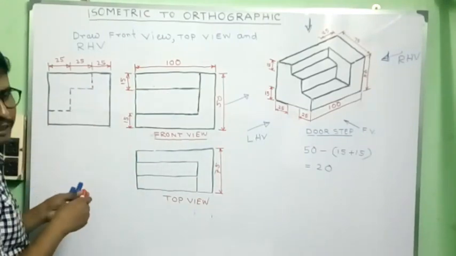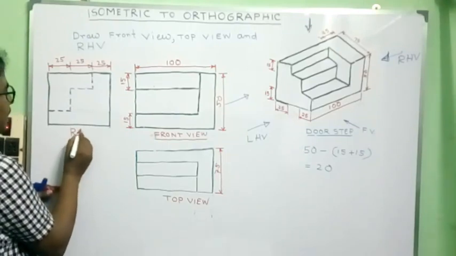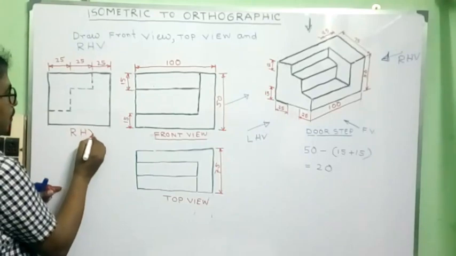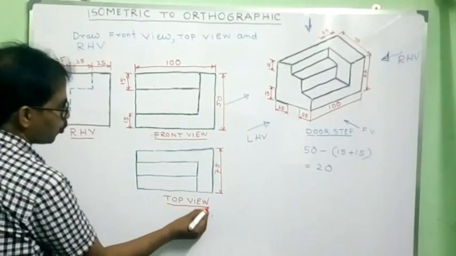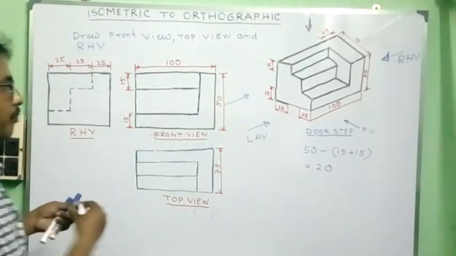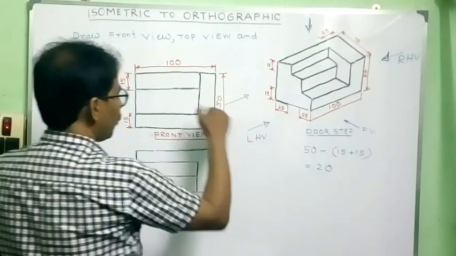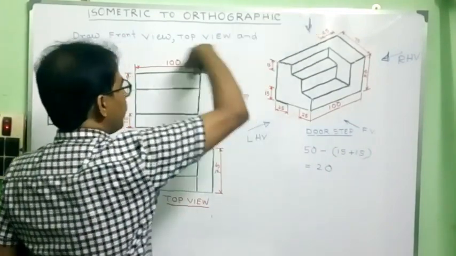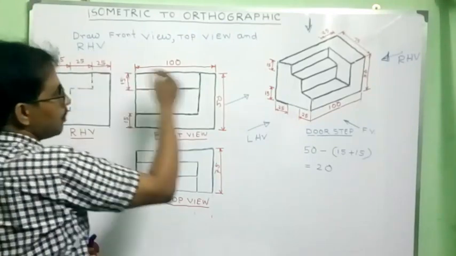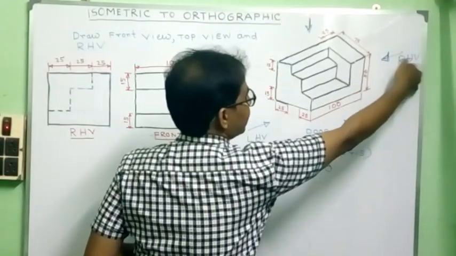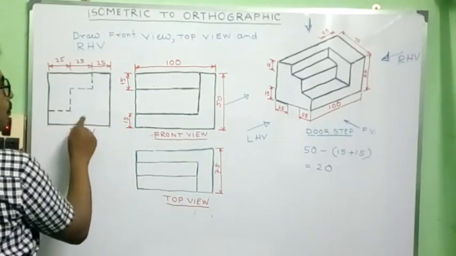So this is the front view, we see from this arrow. It is the top view. And the right hand view, we see from the right hand side. This is the right hand view.